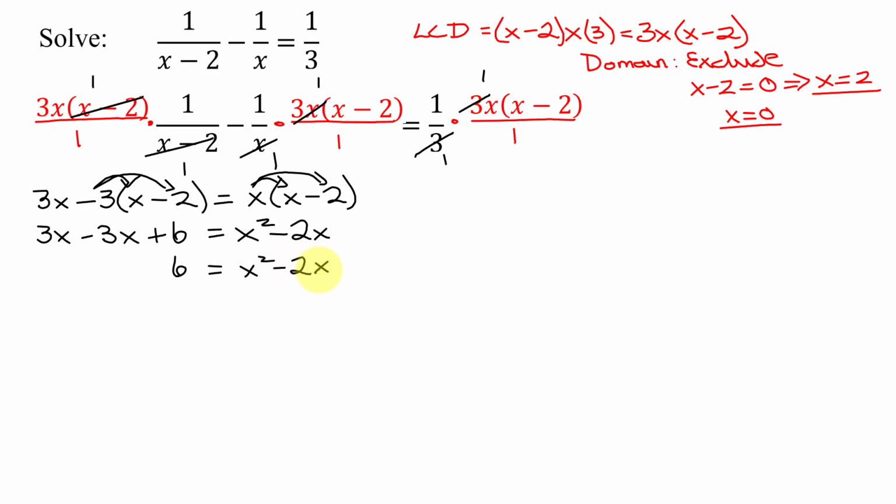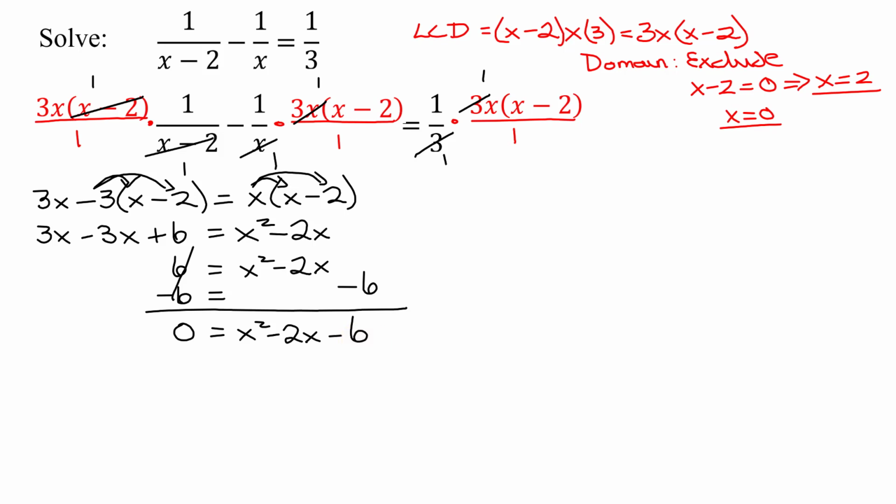Well, what type of equation is this? It's degree 2, it's quadratic. So I need everything on one side, 0 on the other. So I'm going to subtract 6 from both sides. So on the left-hand side, I get 0 equals, on the right-hand side, all unlike terms. So I get x squared minus 2x minus 6. Unfortunately, this quadratic equation doesn't factor.